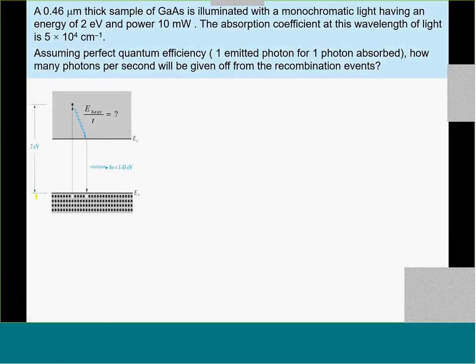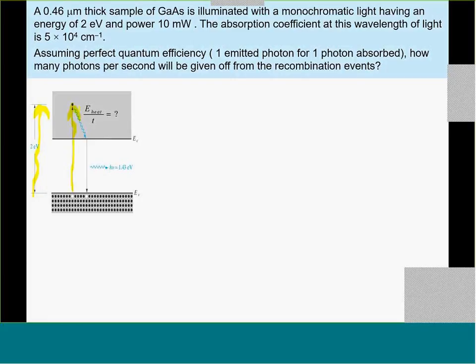We know what the incident energy is, and we know how much of it has been absorbed. We calculated that just now.